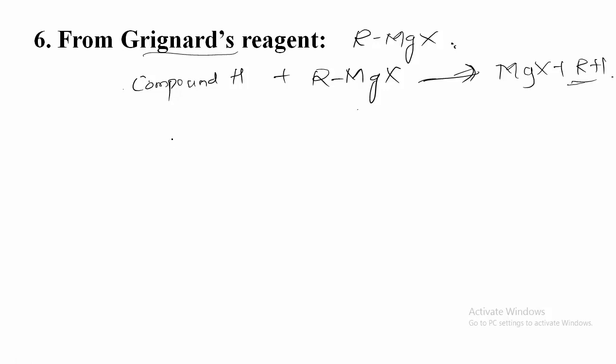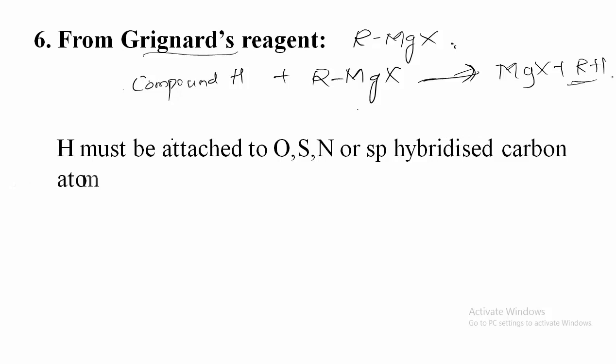And here H must be attached to oxygen, sulfur, nitrogen or an sp hybridized carbon atom. Then only this reaction will take place. That means this H should be attached to a compound which consists of O, S, N or sp hybridized carbon atom. Then only this reaction will take place, and this is one method to prepare the alkanes.